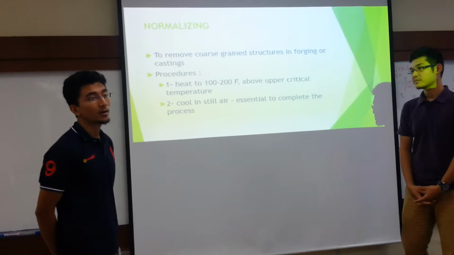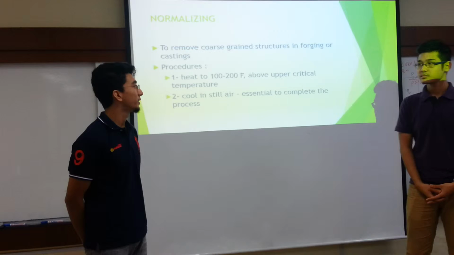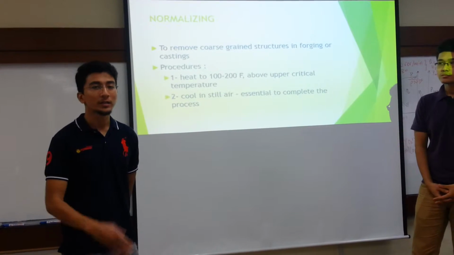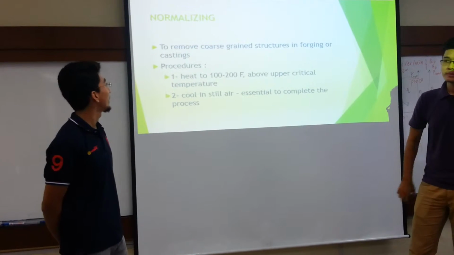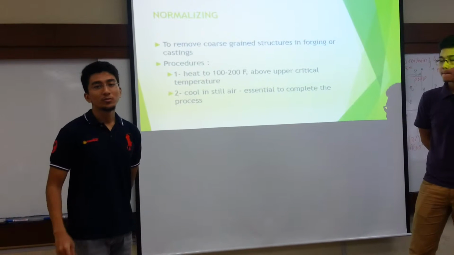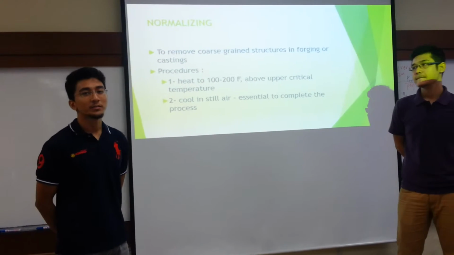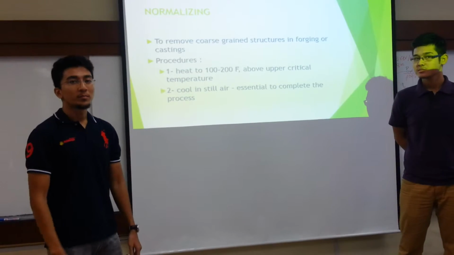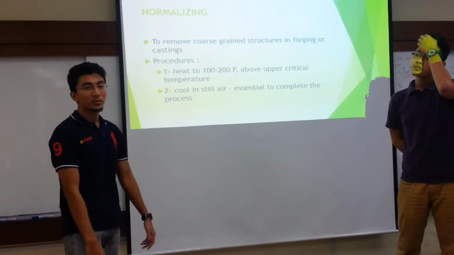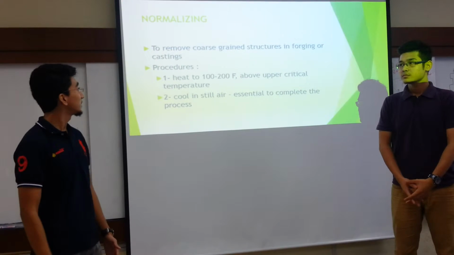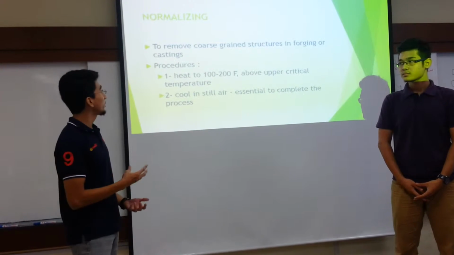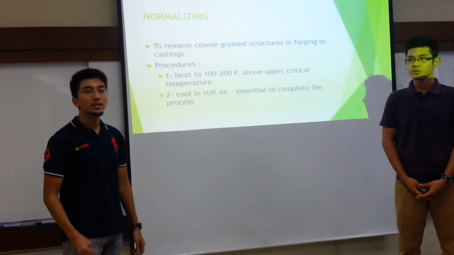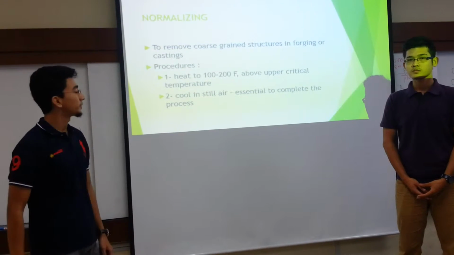Okay, so now I'm going to present the second process, which is normalizing. Do all of you know what the normalizing process is? Okay, I will tell you a little more briefly about it. The normalizing process definition is to remove coarse grain structure in forging or casting.